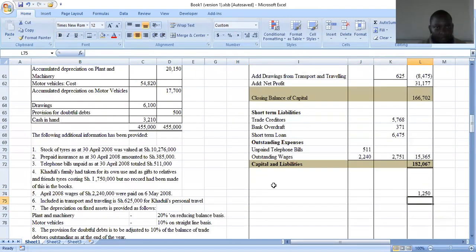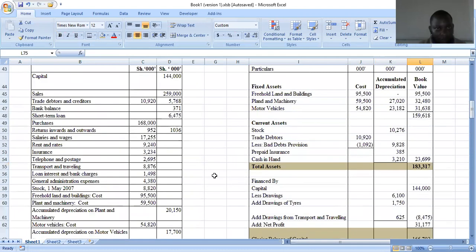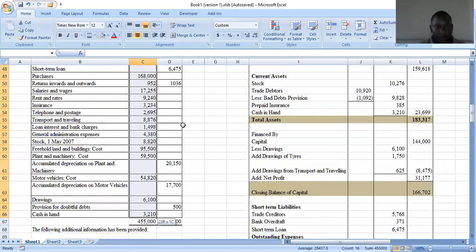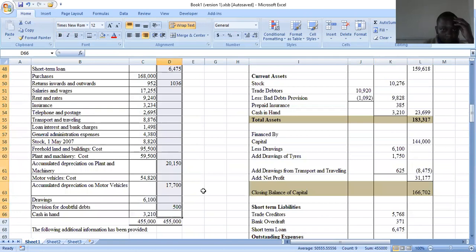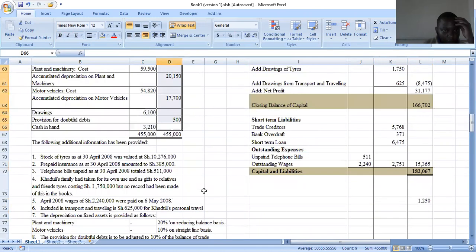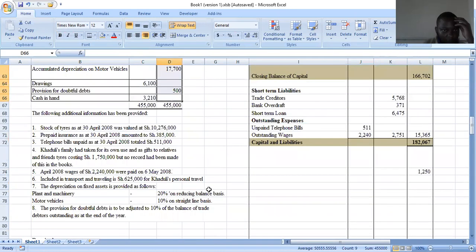So it's not balancing by 1250. Where could 1250 have disappeared into? Nilikosea wapi? 1250 imetoka wapi?